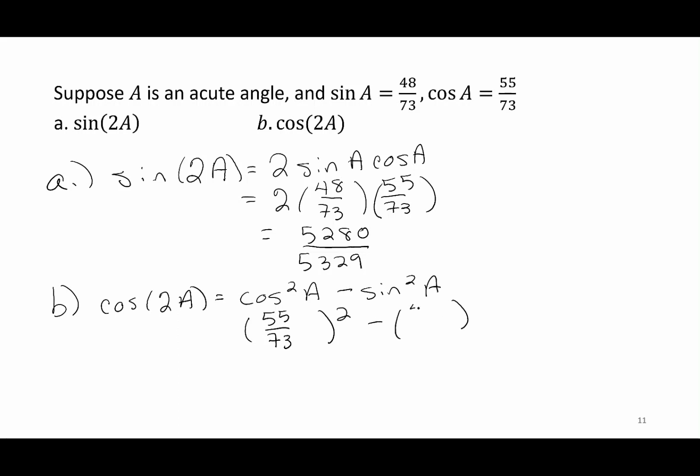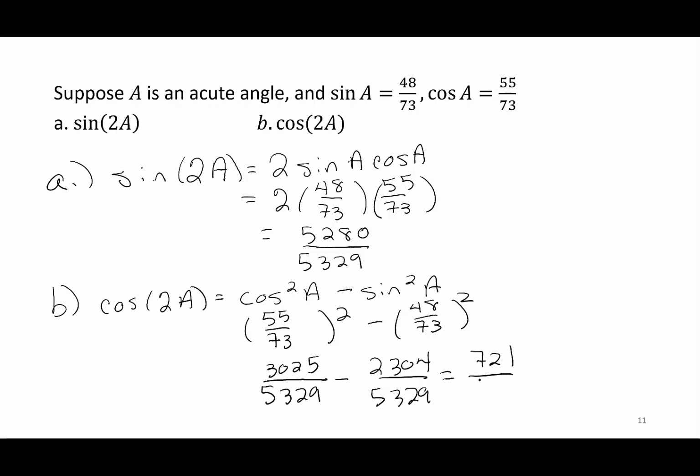Then sine of A was 48 over 73, which also needs to be squared. 55 over 73 squared is 3,025 over 5,329. 48 over 73 squared gives us 2,304 over 5,329. When we subtract those two fractions, we get 721 over 5,329.